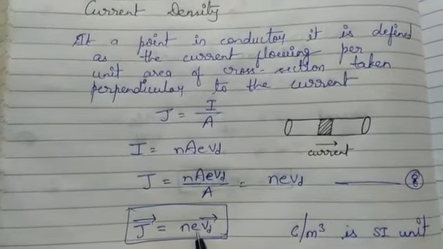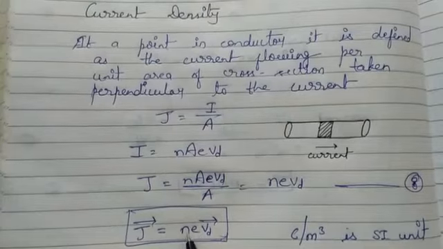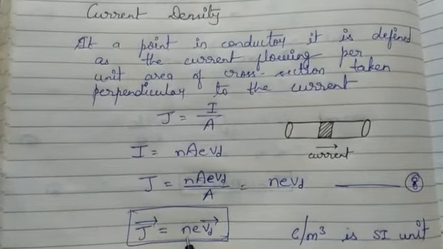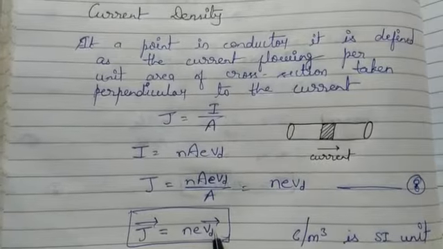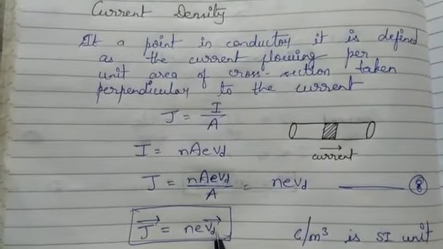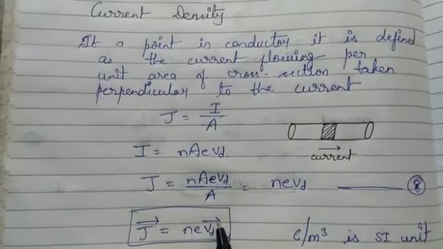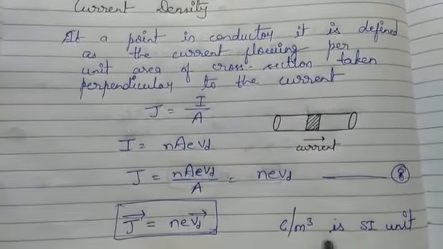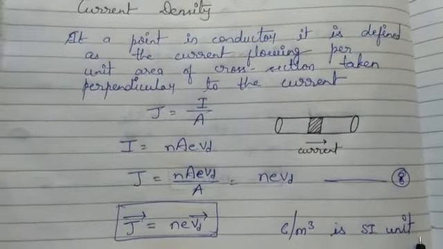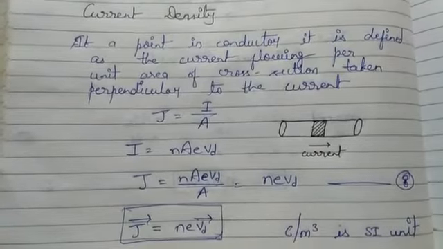Here e is the charge and n is the number of electrons present per unit volume; these both are scalar quantities. Only velocity is the vector quantity here, so the vector sign will be on velocity. And coulomb per meter cube is the SI unit of current density.